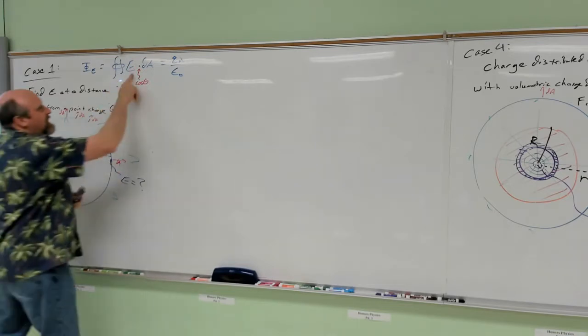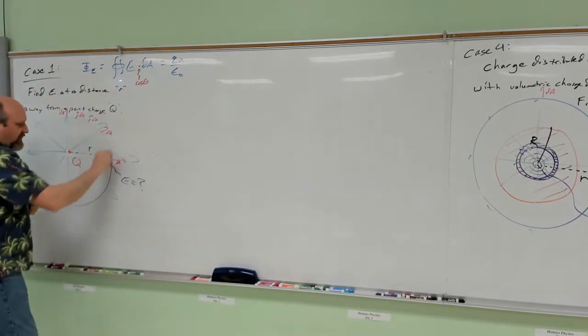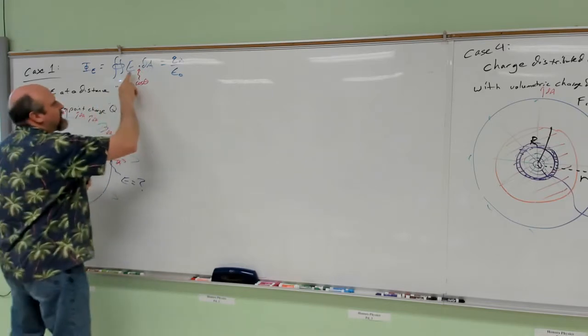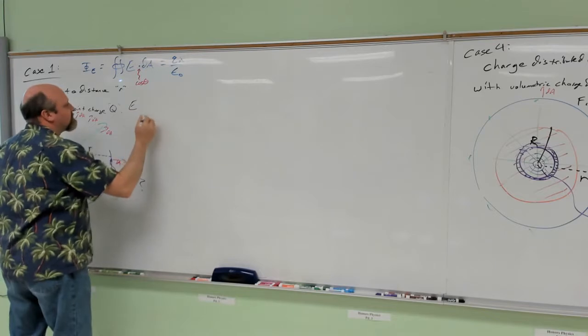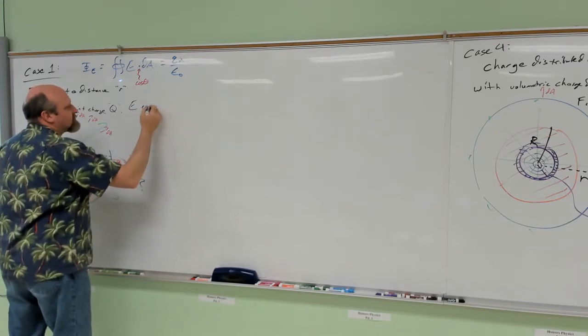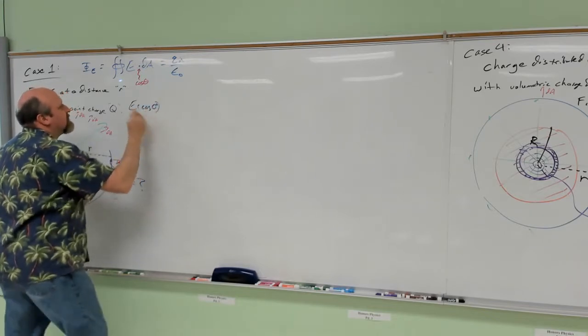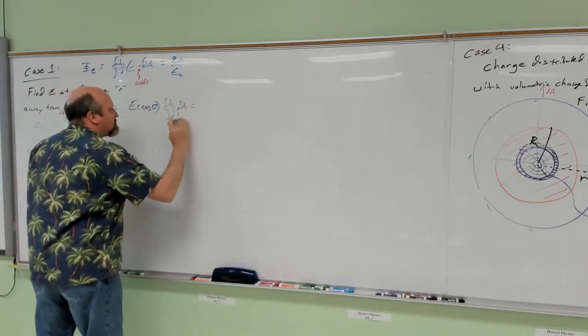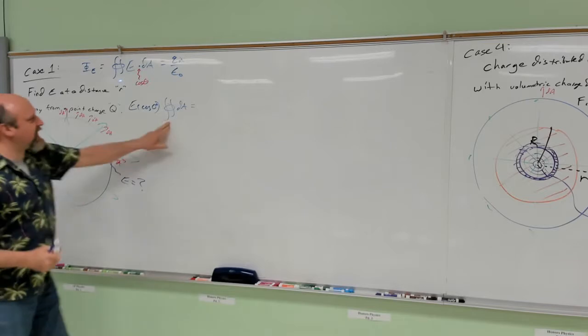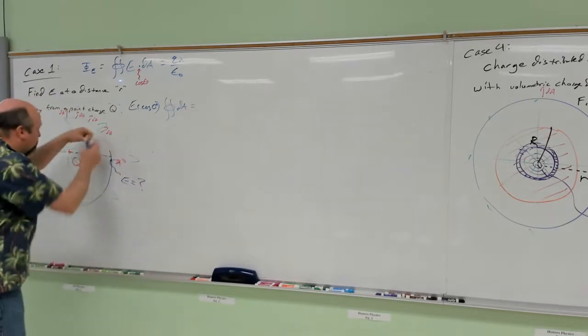And so that E is a constant value anywhere on the surface of that sphere, so that E field strength will move out of the integral too, because it's a constant. I can factor it out. So I have E cosine of, in this case, 0 degrees, and then all that's left is the surface integral of dA. Well, this just says add up all the little bits of area, all the little dAs.